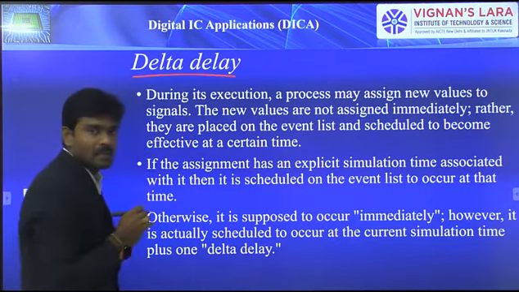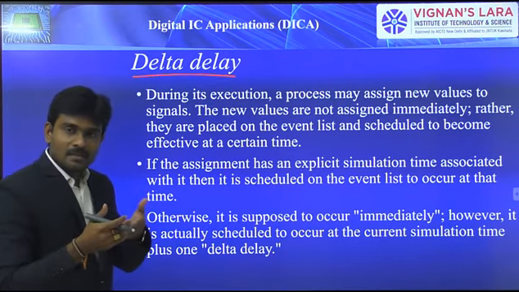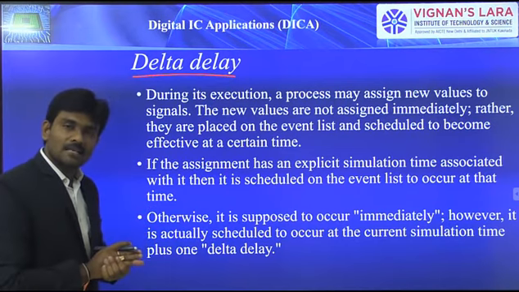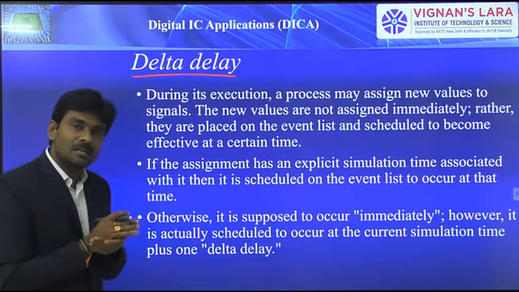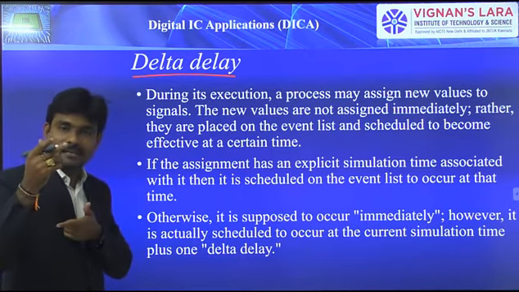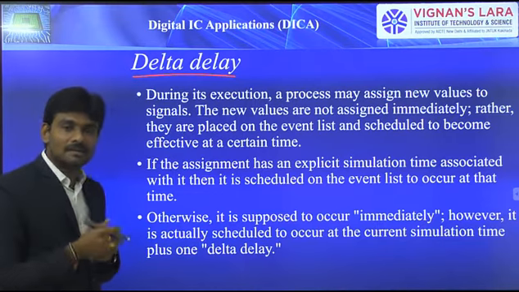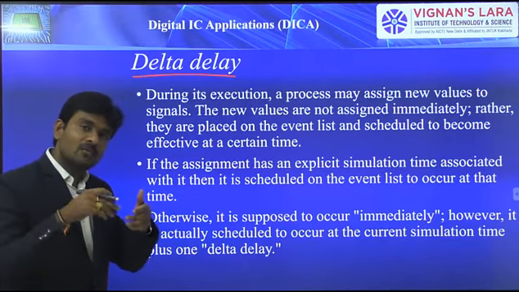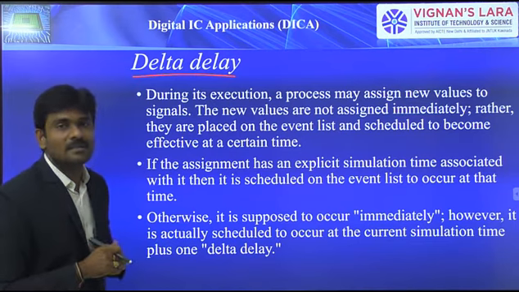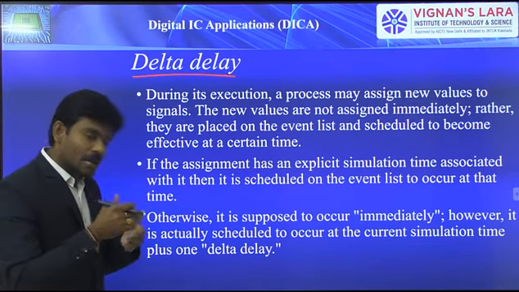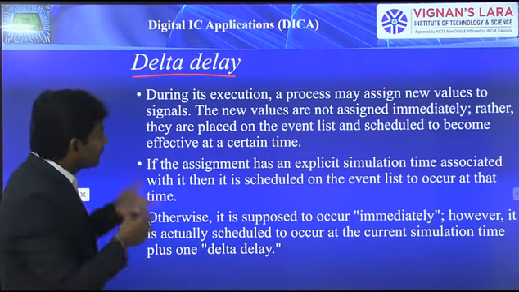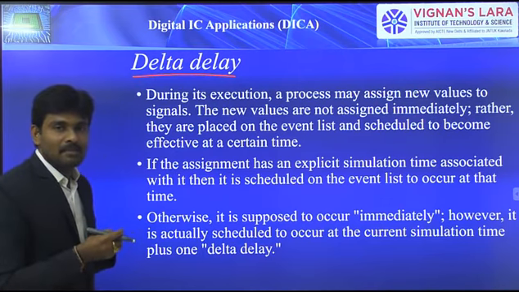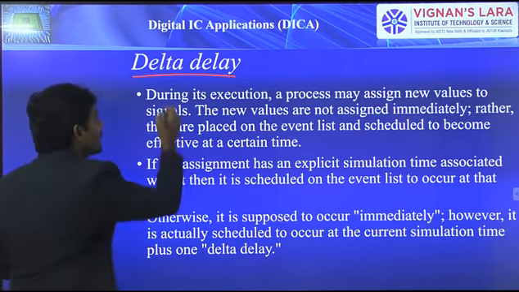While that process is executing its sequential statements, if any change occurs in the signals represented in the sensitivity list, then once again that process needs to run. That must be executed immediately, but a minimum time is considered, which we call delta delay.